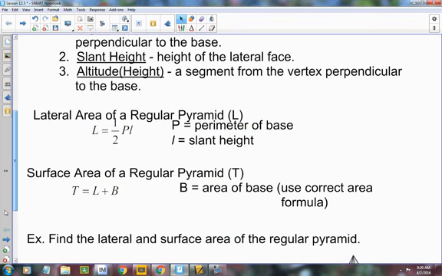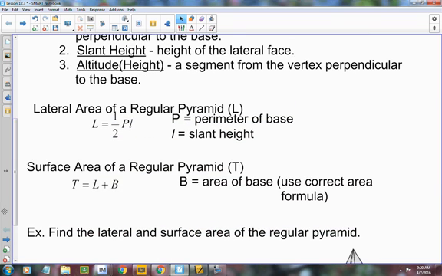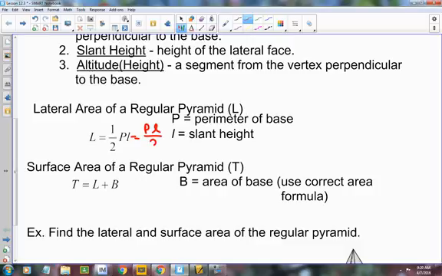So the formula for the lateral area of a regular pyramid is 1/2 the perimeter times the slant height. Or you can think of it as the perimeter times the slant height divided by 2. It's the same thing.